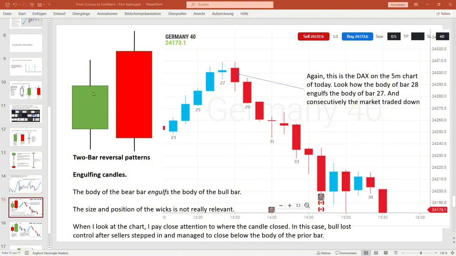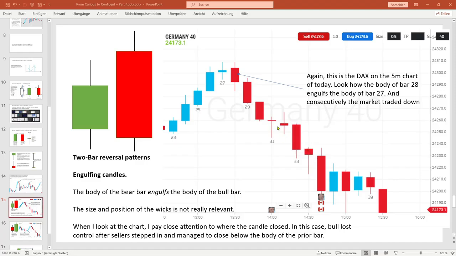In this case, we have a bull bar and a bear bar whose body engulfs the body of the bull bar. So in this case, the size and position of the wicks are immaterial. They don't matter. But what matters is where the candle closes. When I look at the chart, I pay close attention to where a candle closes, right? This is what we call a downtrend.